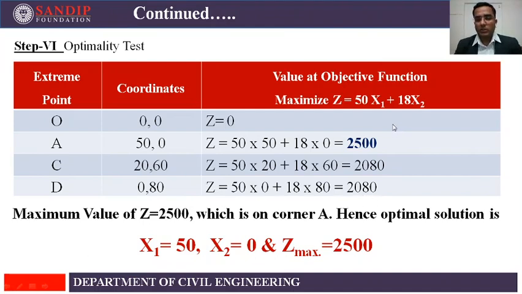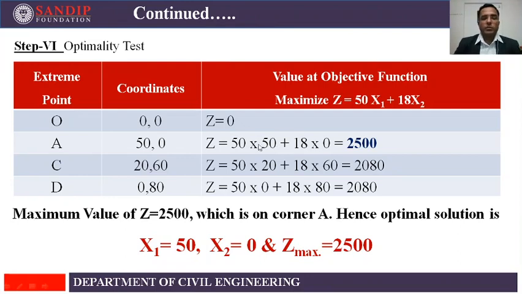So out of all 4 extreme points, the maximum value of the objective function is at extreme point A, where z has the value 2500. This is the maximized value. If the objective function were to minimize, then we would look for the minimum value of the objective function.